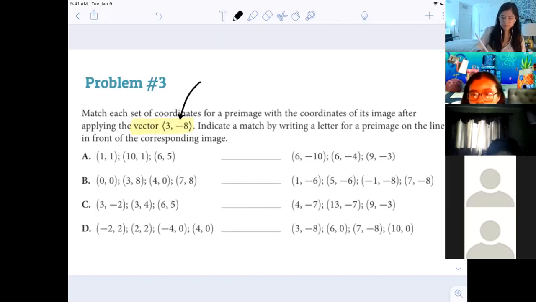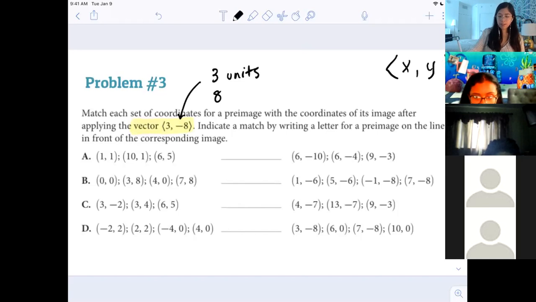It tells us to do 3 to the right and, or well, 3 up maybe. Right or up? Pick one. 3 up and 8 to the left. Okay, you have them backwards. Remember that coordinate points go x, y.